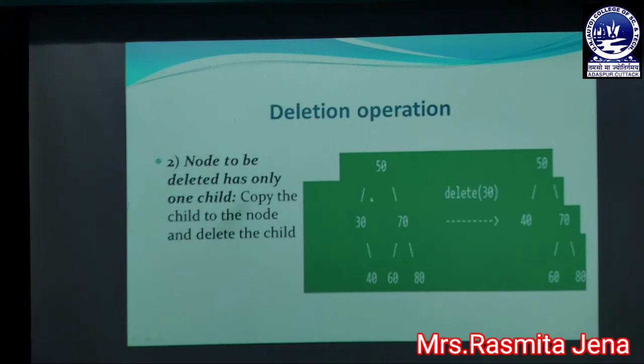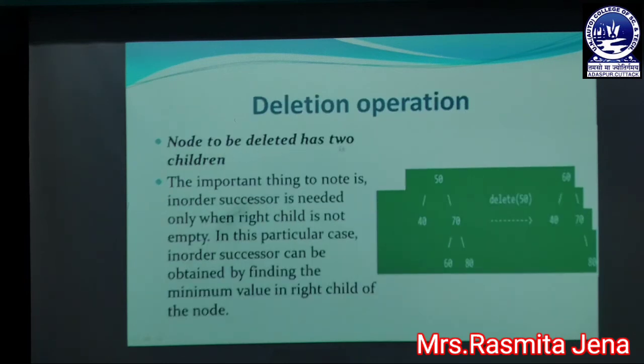Okay. So, this is the example of deleting a node which contains a single child. Next case is where the node to be deleted has two children. So, the first case is the node is a leaf node, the second case is the node contains only one child, and the third case is the node to be deleted has two children.